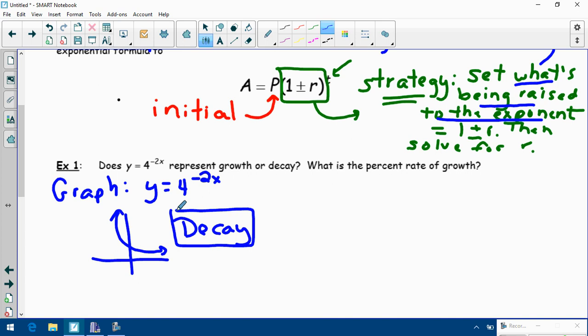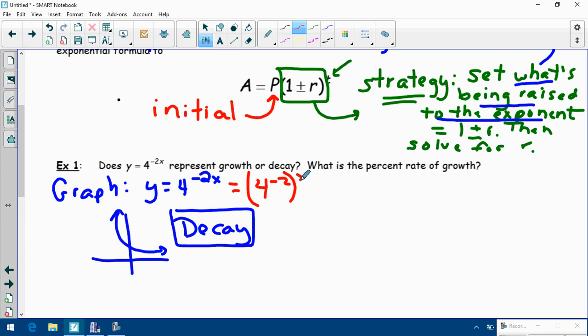All right, now why, even though the base is 4, is it decay? Because usually if the base was bigger than 1, we said it was growth. Well, it's not actually 4 being raised to the x, it's 4 to the negative 2 being raised to the x. So it's kind of like saying 4 to the negative 2 raised to the x.